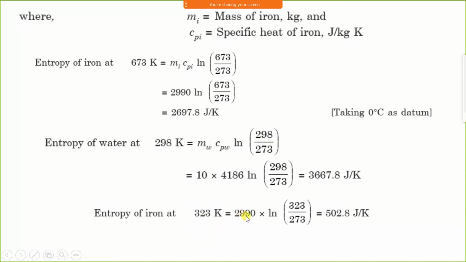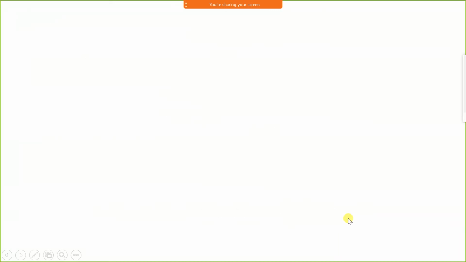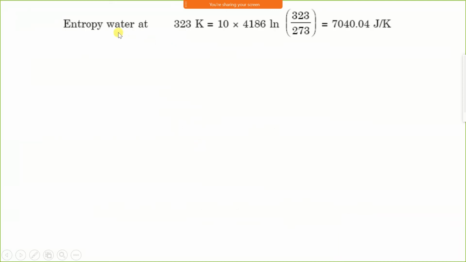Again, m c_p ln 50 degrees upon 0 degrees, that is 323 Kelvin upon 273 Kelvin, we get 502.8. Now entropy of water at 50 degrees Celsius. Again, m c_p ln 50 upon 0 degrees Celsius, that is 323 upon 273.